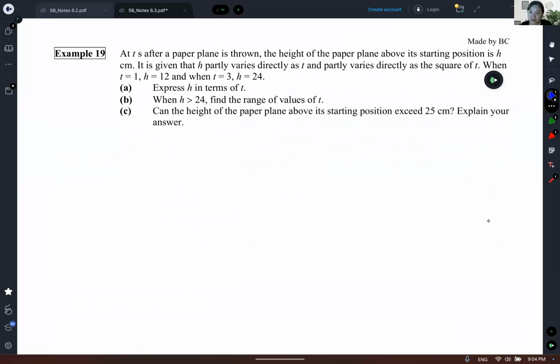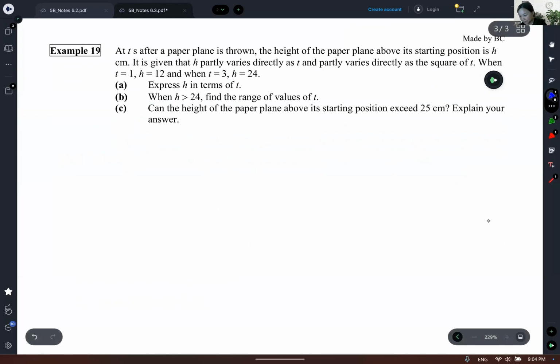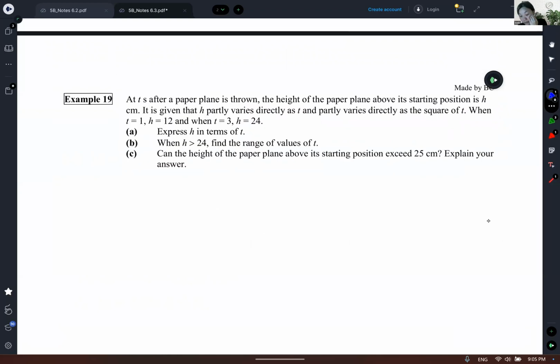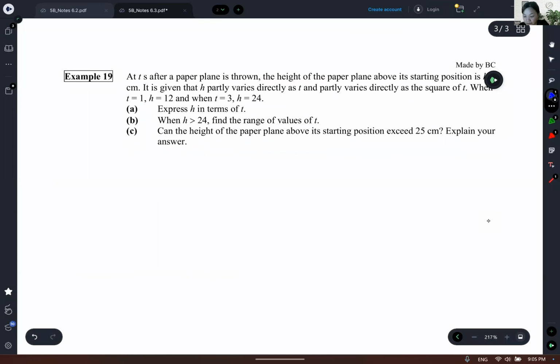The last one you have to pay attention to, this one. I think that you will see something new. You will learn something new. Example 19.